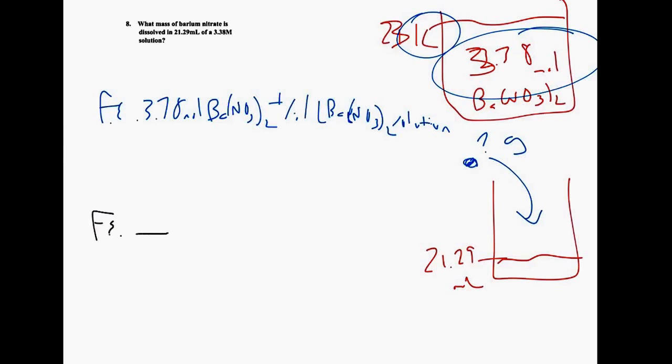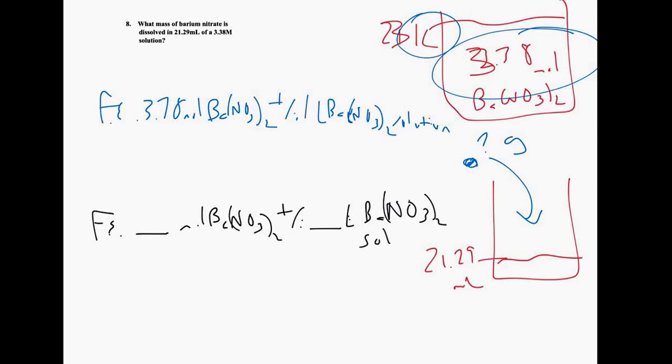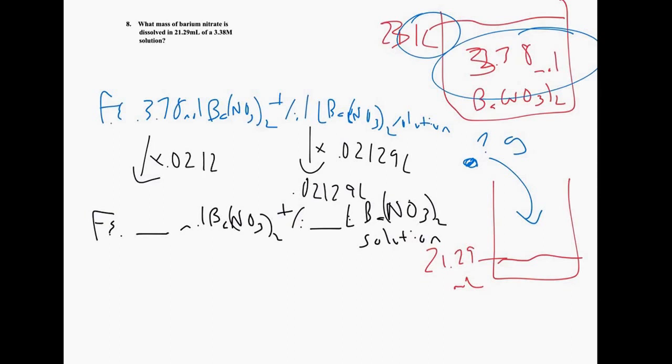For every blank moles of Ba(NO3)2, there is blank liters of Ba(NO3)2 solution. So what we're really looking for is the proportion to get from here to here is going to be the same as the proportion to get from here to here. So this is going to be times 0.02129 liters.